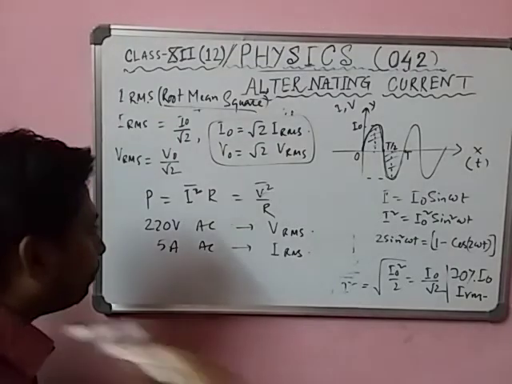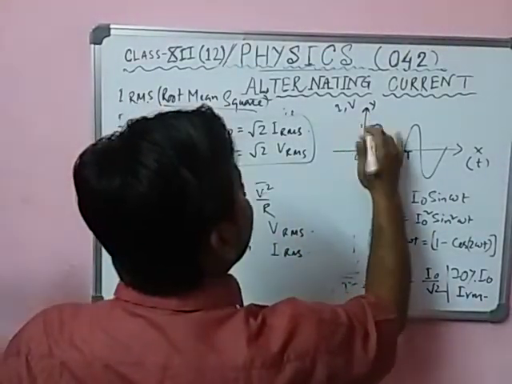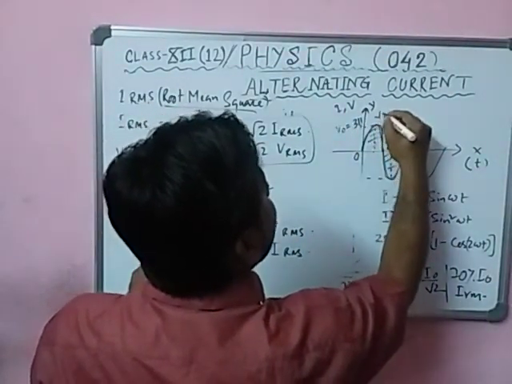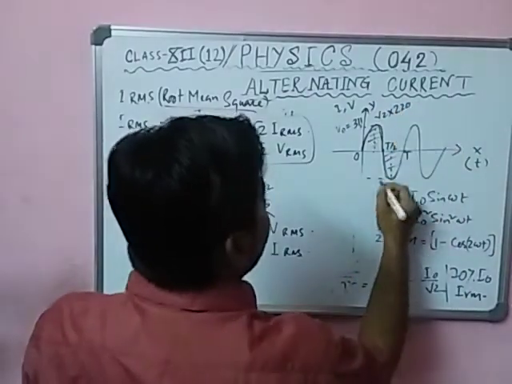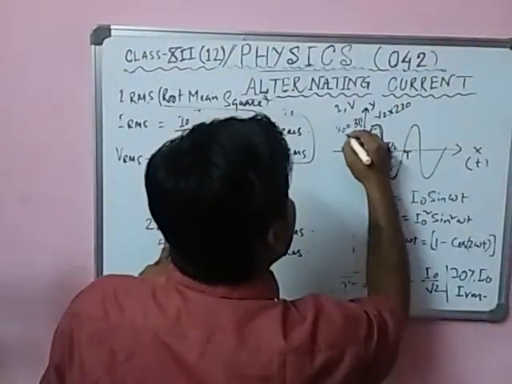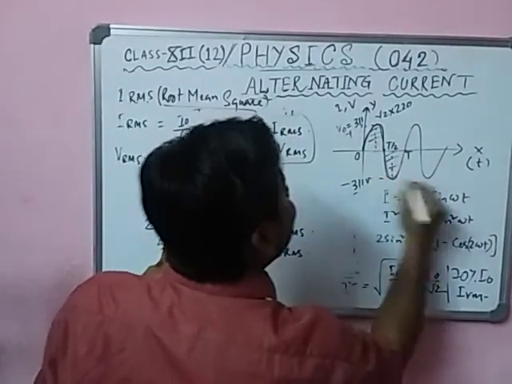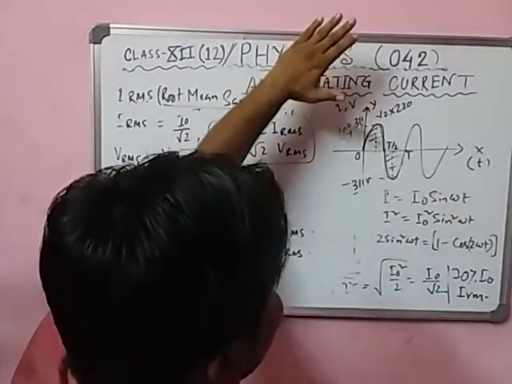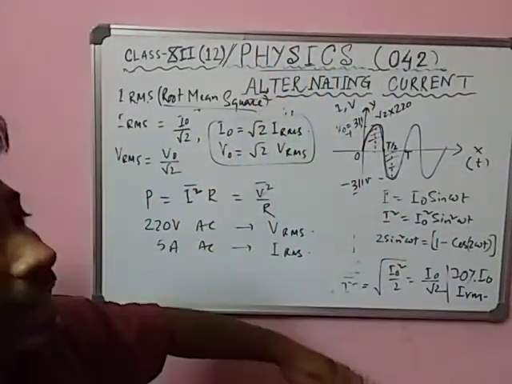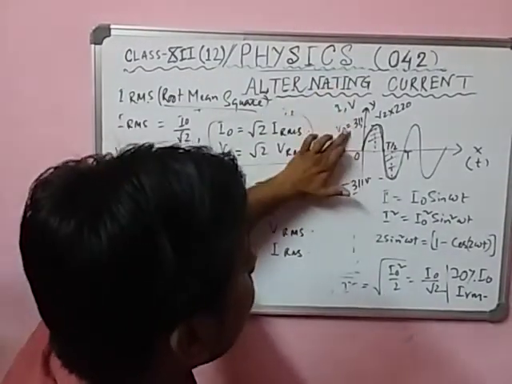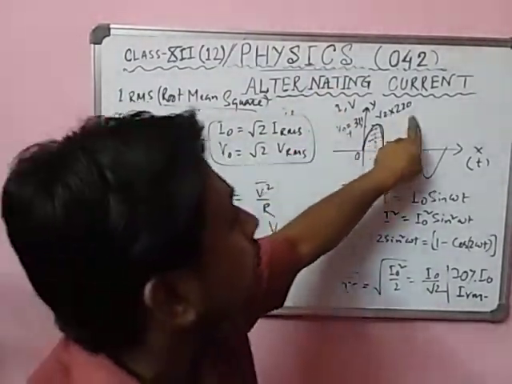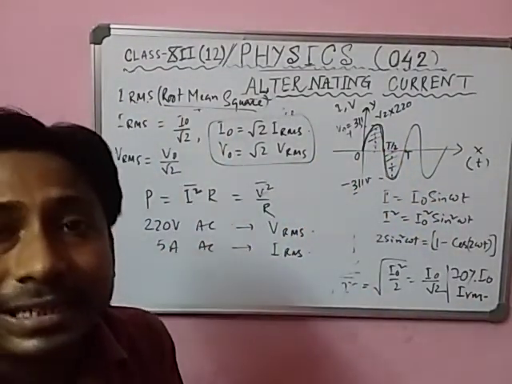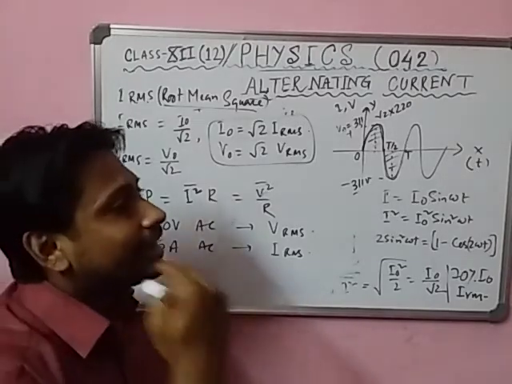Now if you want to find the peak value of voltage, it will be root 2 times 220, which is 311 volt. So the voltage will fluctuate from plus 311 to minus 311 volt. The peak value is very high, so you can say AC current is more dangerous than DC current.